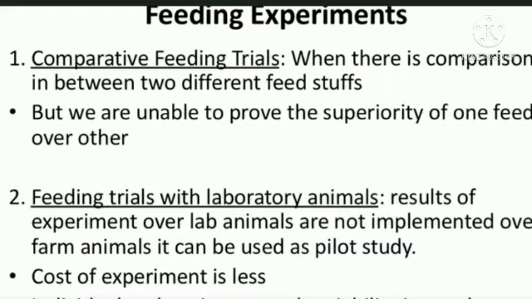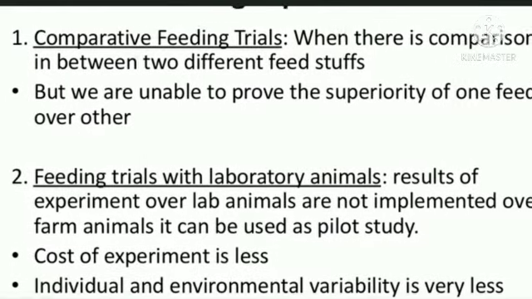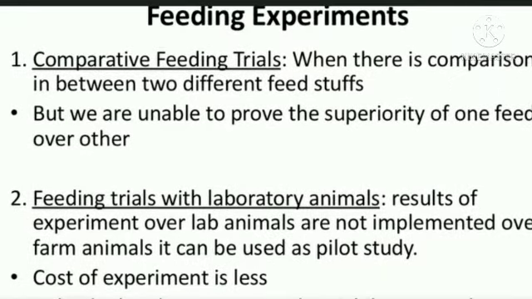So if we feed mustard oil cake to poultry, the production performance of the poultry will be reduced because that particular feed is not suitable for poultry. So we can't judge the superiority of that feed because we are not evaluating the feed. We are just proving it on the basis of the feeding trial. So this is not suitable.